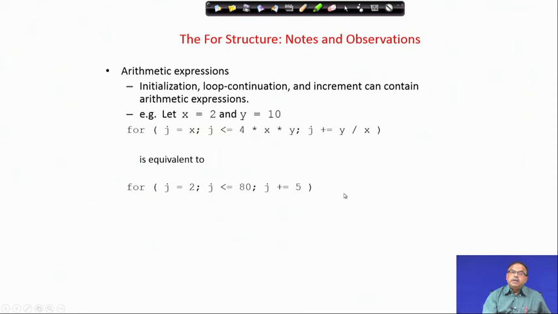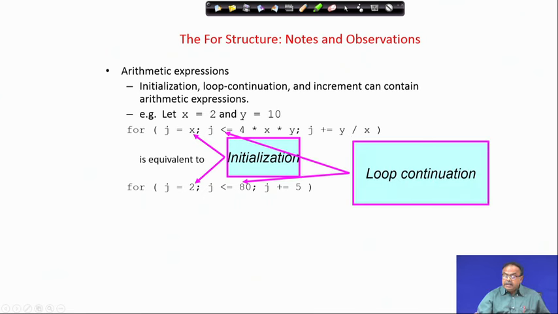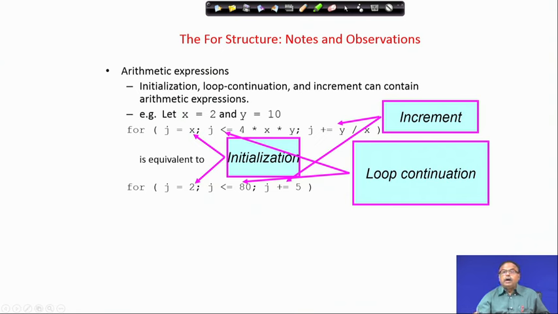So, this is equivalent, all right. So, this is initialization, this is the loop continuation condition, and this is the increment, or as I was saying, the modulator or the alteration.